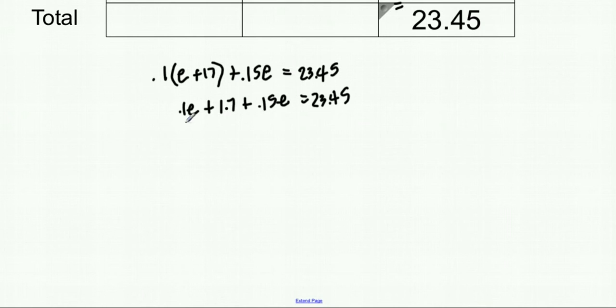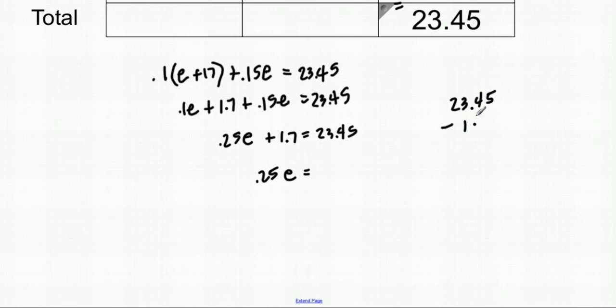Okay, let me extend my page. And now 0.1E plus 0.15E will give us 0.25E plus 1.7 equals 23.45. Subtract 1.7 from both sides: 0.25E equals 23.45 minus 1.7.